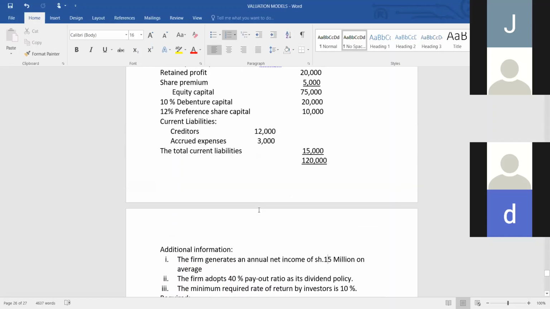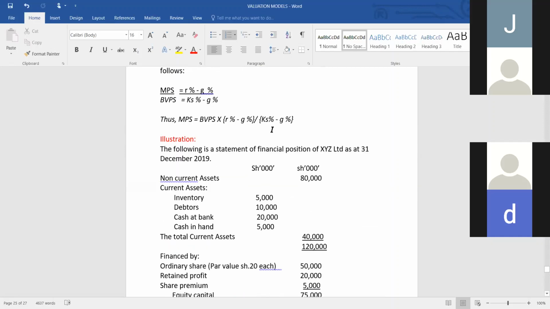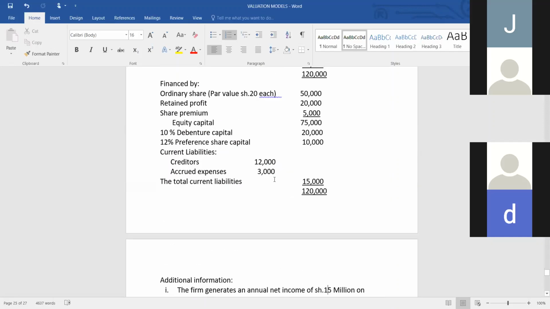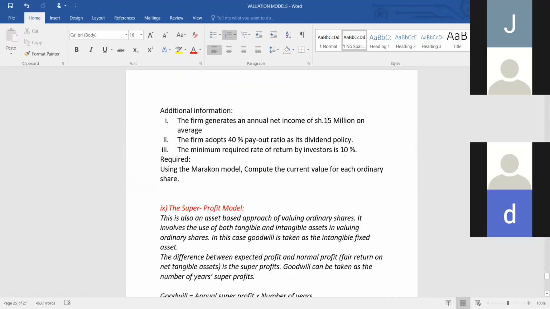The minimum required rate of return by investors, Ks, is 10%. It's given there. So is it possible to work out the value of a share using the Marathon model?